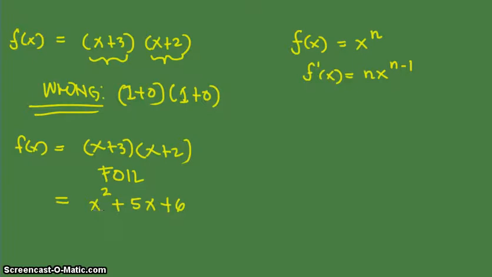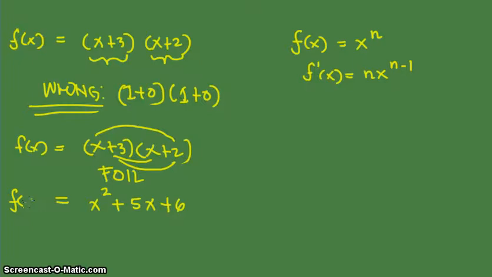If you're not able to follow that, we can always do the FOIL. Multiply the first and the first, the outer and the outer, the inner, and then you multiply the last terms of each factor. So 3 times 2 is equal to 6.